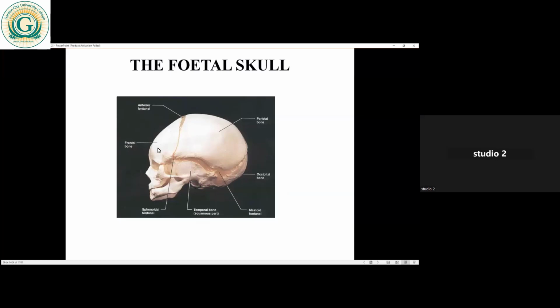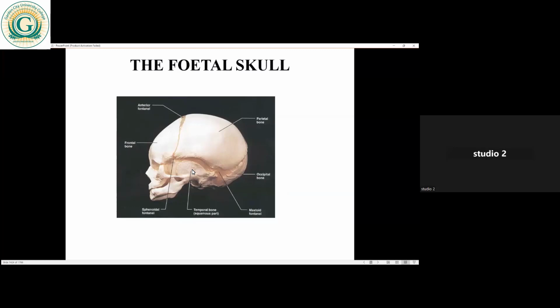That's the fetal skull. We call them the frontal bone, the parietal bone, and the occipital bone, and we have this side bone here, the temporal bone, with the mastoid. You know, this temporal bone here.